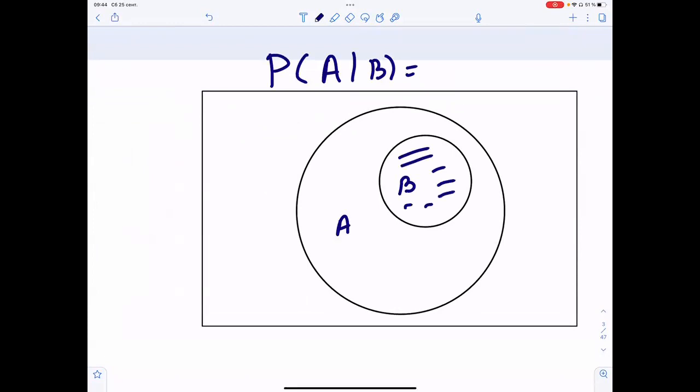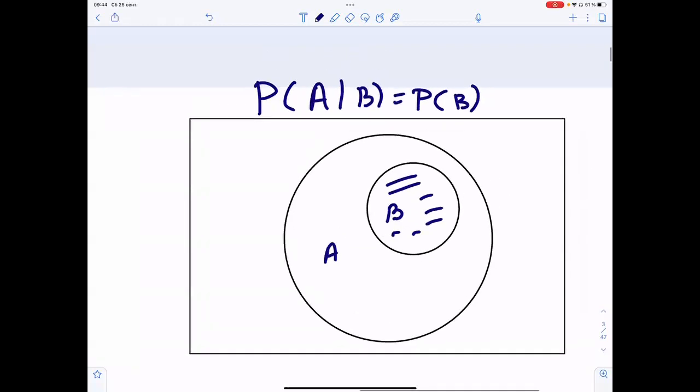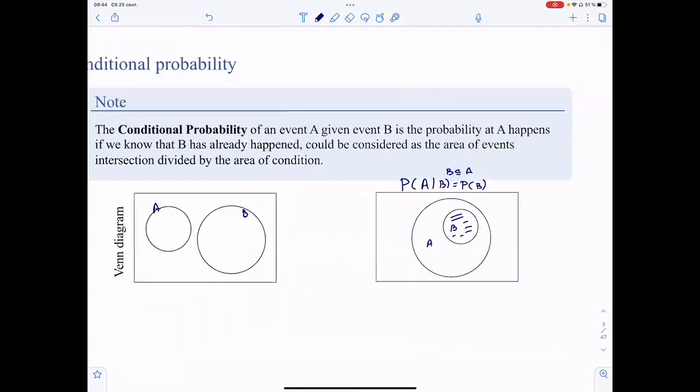What is the probability that A happened? Well, obviously, this is the probability of B to happen, because B was fully inside of A.